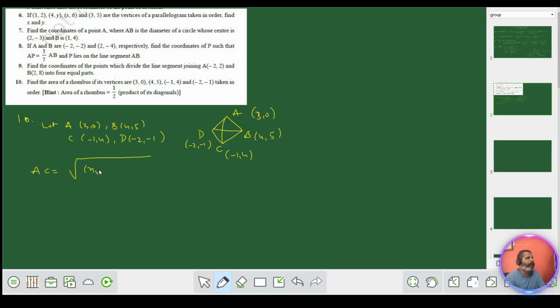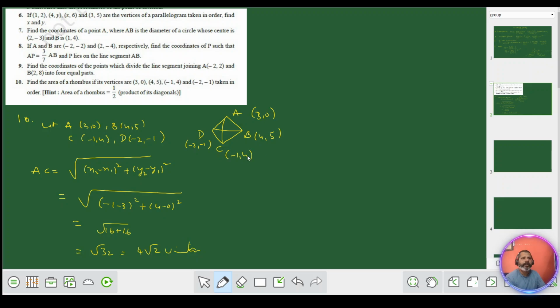So square root of x2 minus x1 whole square plus y2 minus y1 whole square. What is x2 for A and C? A is x1 y1 coordinates, C is this x2 y2. So this becomes minus 1 minus 3 whole square plus 4 minus 0 whole square, that is 16 plus 16, 32. That becomes 16 twos are 32, that is 4 root 2 units.